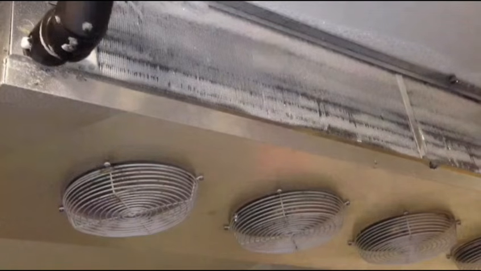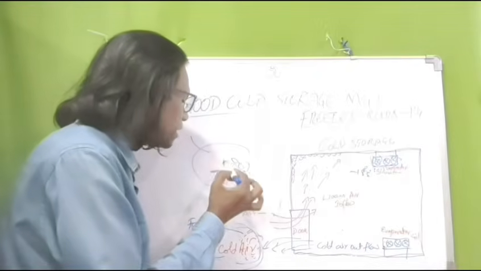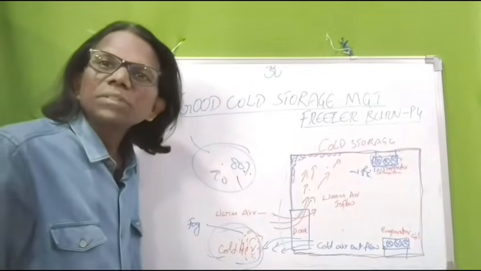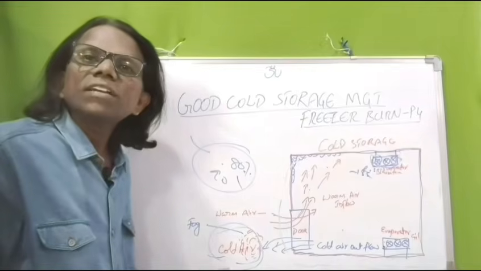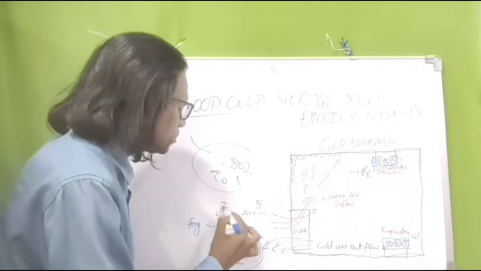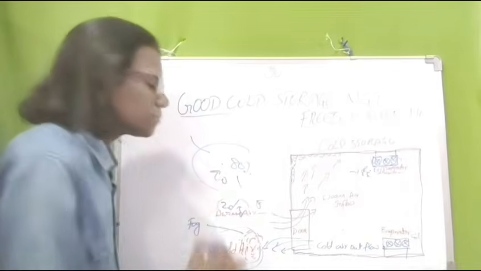So the moisture which is present inside the cold storage and the outside warm air also will condense and fall on the cooling surface. Automatically the relative humidity will drop from 50-62 to 20 or 30.